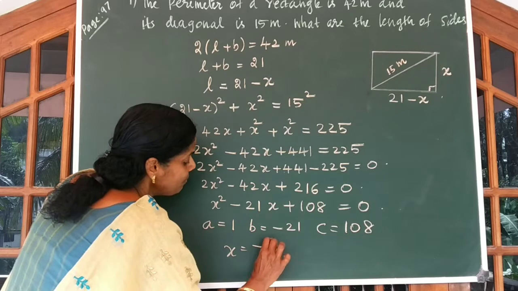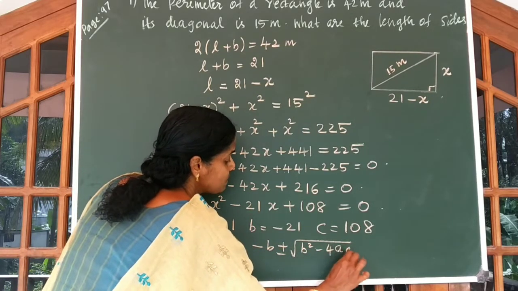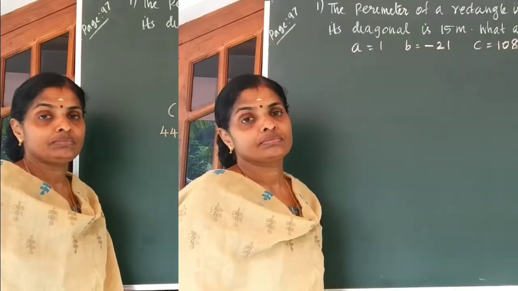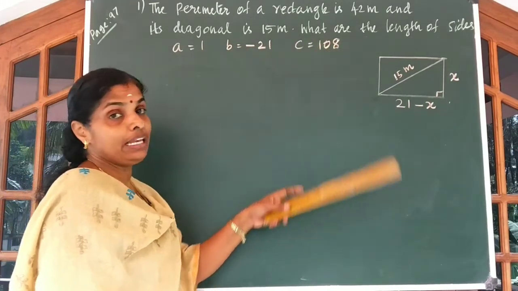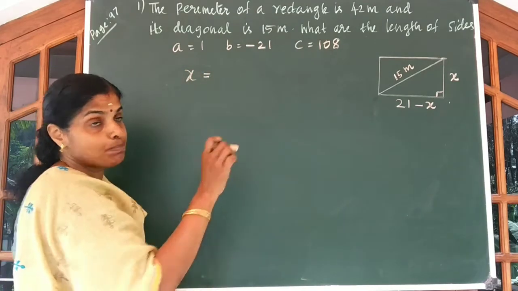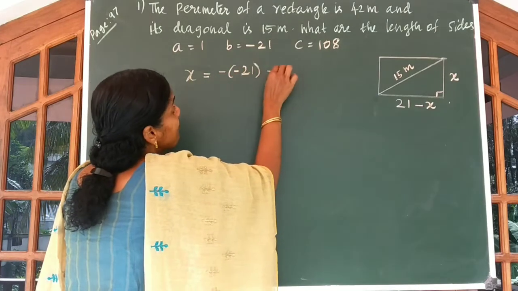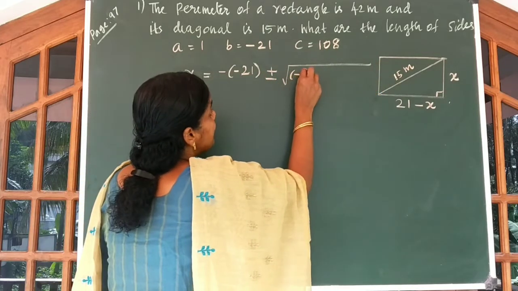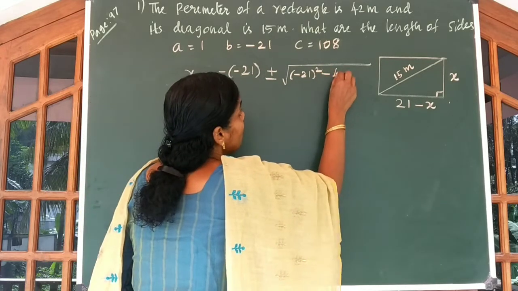x is equal to minus b plus or minus root of b square minus 4ac, whole thing divided by 2a. Substituting a, b and c value in our formula, x is equal to minus b. So we have to write minus of minus 21 plus or minus root of b square. Our b square is minus 21 the whole square, minus 4ac.